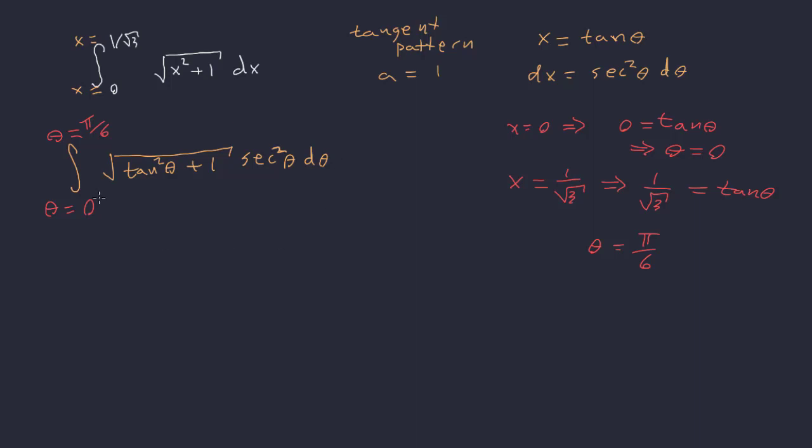Okay, and we have this new definite integral. And when we have a definite integral, we don't actually have to translate back to x's. What we can do is just evaluate it directly when we get the answer. Okay, so we need to do our Pythagorean identity. So we'll get down to the integral from 0 to pi over 6 of the square root of secant squared theta times secant squared theta d theta.